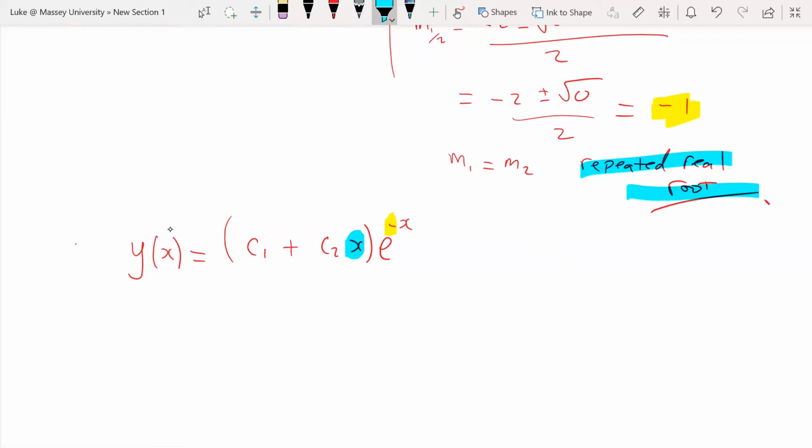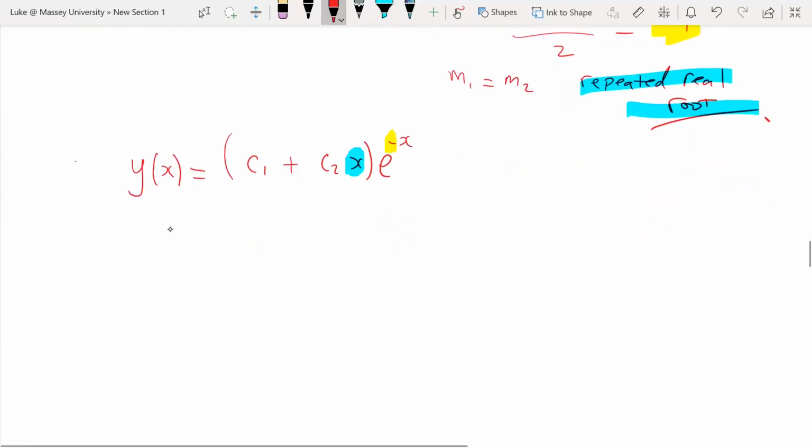If you recall in class, when we have a repeated real root, we use the method of reduction of order to find a second solution, and it turned out all we had to do was have a second term multiplied by x e to the, in this case, negative 1x. Okay, great.